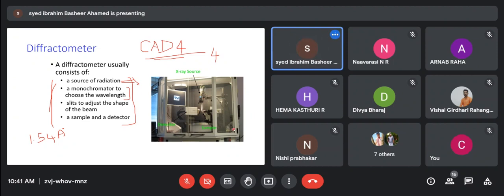Why? Because you don't want the X-ray to come out of this. If it comes out, you cannot work in that area. It will affect you and damage your cells. So the entire setup should be covered by a cabin.